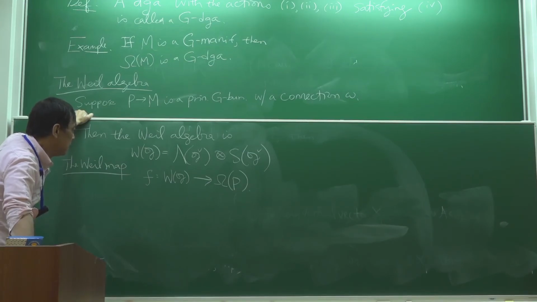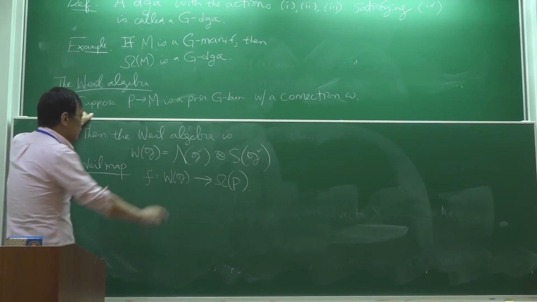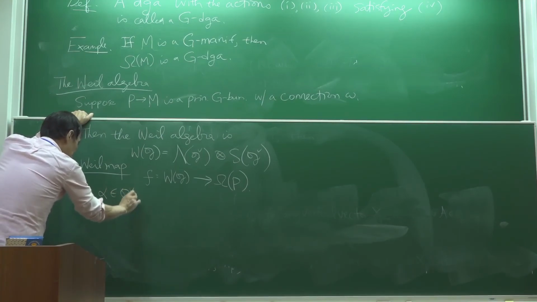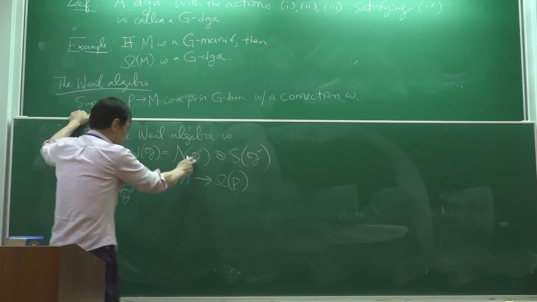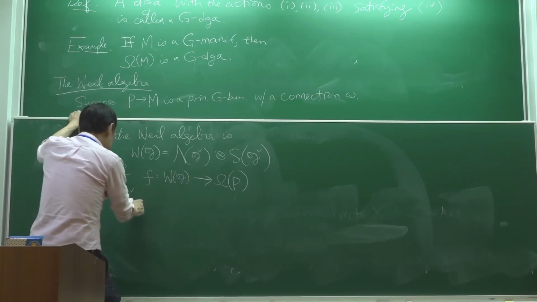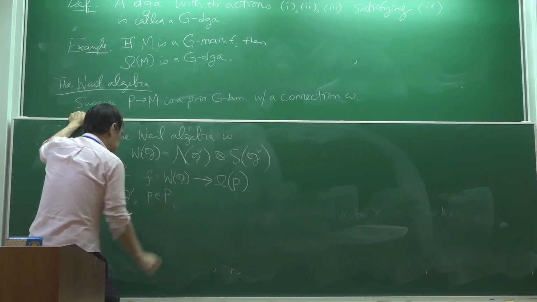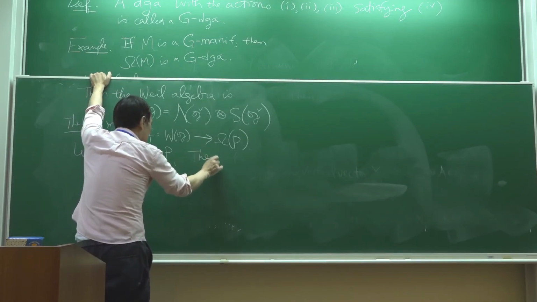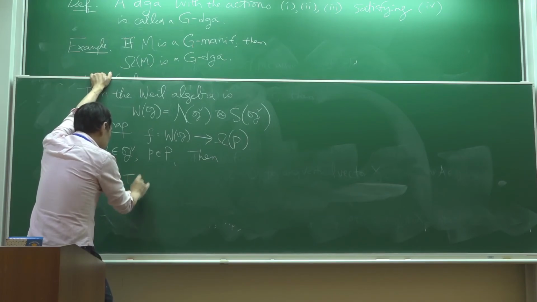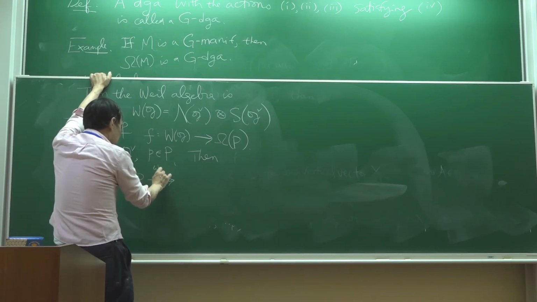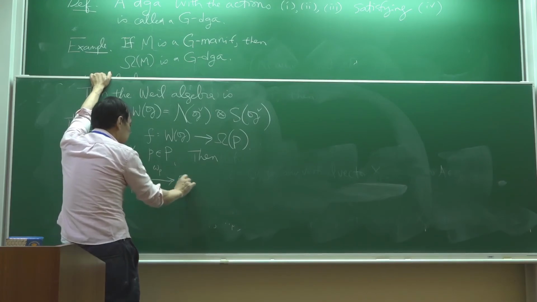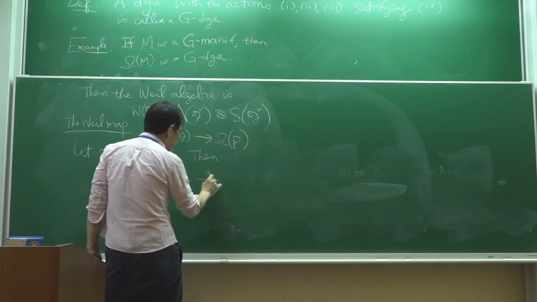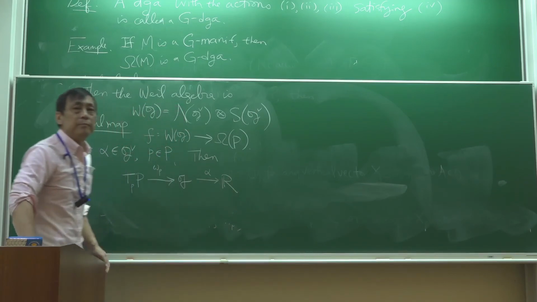So now, suppose you are given an element alpha in the dual, at a point p in P. Now, because you have a connection, omega_p takes a tangent vector to g, and you can follow it by alpha.